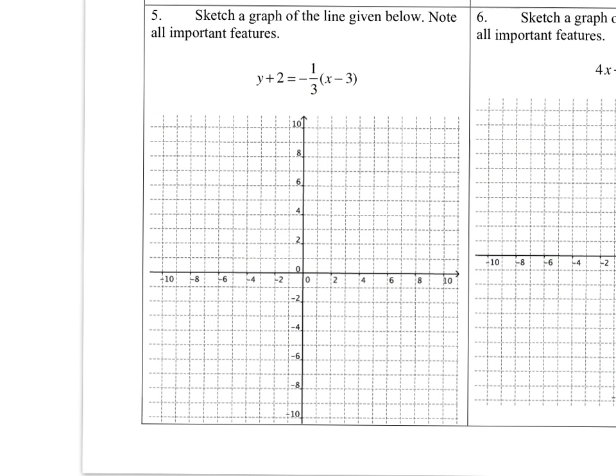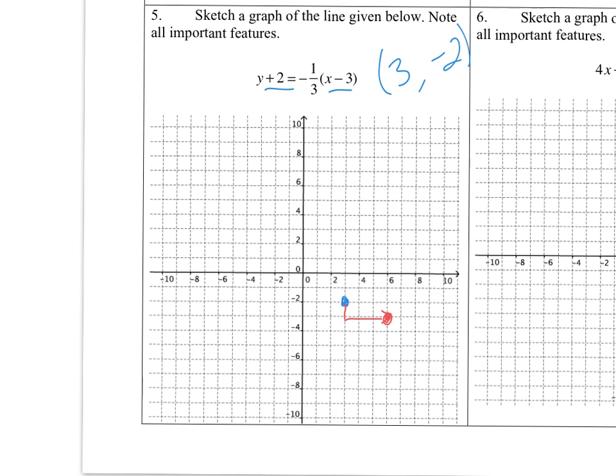Here I've got to sketch a graph. It looks to me like we're in point-slope form. So I'm going to identify my point. The opposite of that is 3. The opposite of that is negative 2. So 3, negative 2 can be somewhere down here. And a slope of negative 1 over 3 means down 1, and 3 to the right. There's my next point.